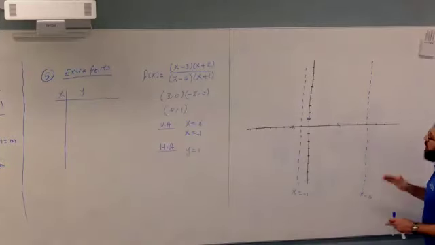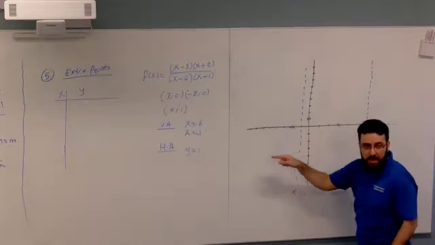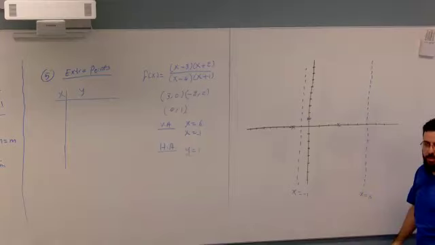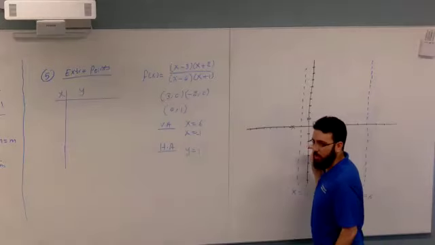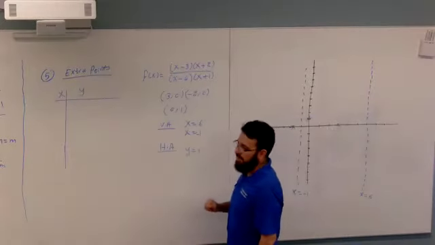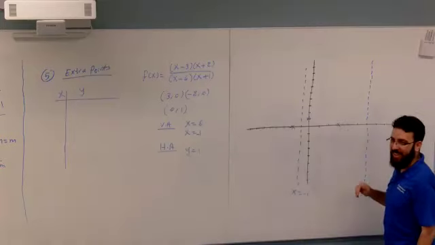Is that okay? I already know the function is never going to cross these two dashed lines because they are vertical asymptote. You remember why the function is never going to cross this line? Everybody's gonna go to infinity.